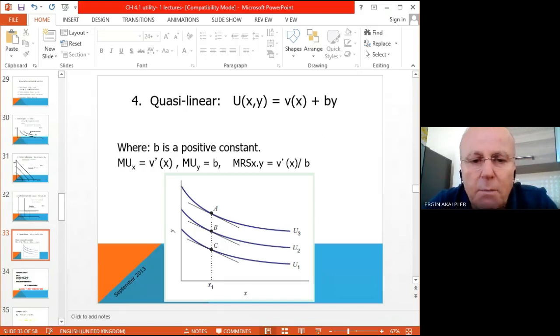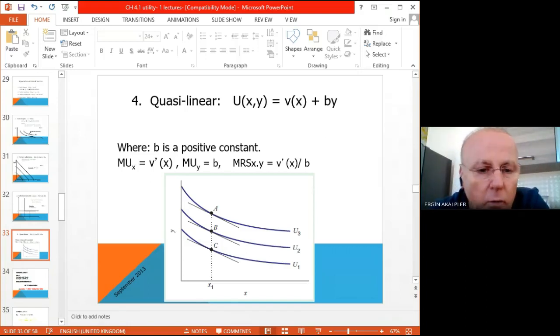Therefore, we have here the marginal rate of substitution v'(x) over b, and this is, of course, the quasi-linear interpretation. We have here point A, the highest combination for this given scenario. Point B is the intermediate level of satisfaction, and C is the lowest satisfaction in the given scenario.